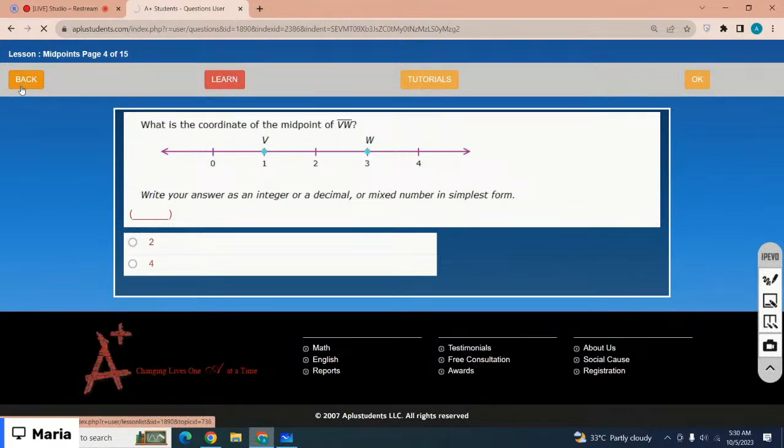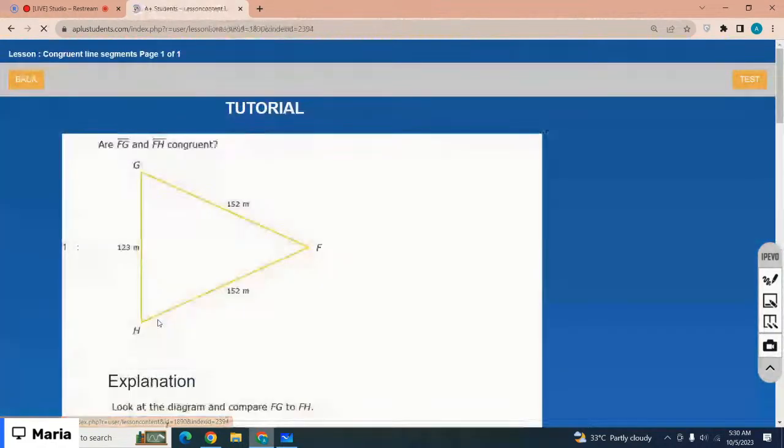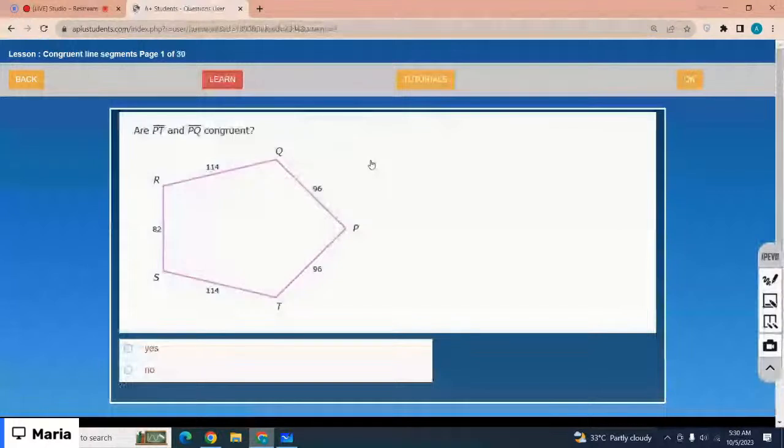Let's just start with the next one, that is congruent line segments. Okay, so which lines are congruent? The lines that have the same distance or same length are the congruent, right?